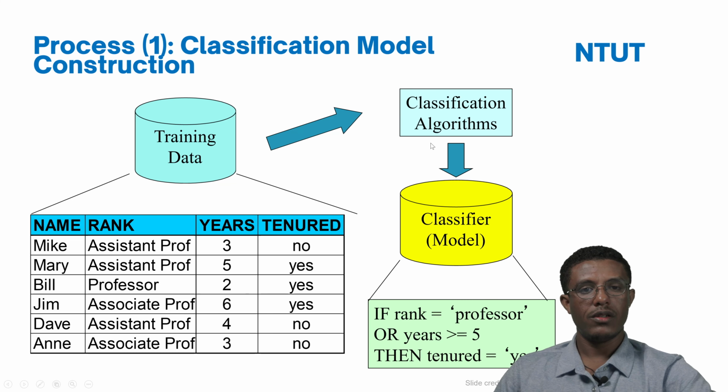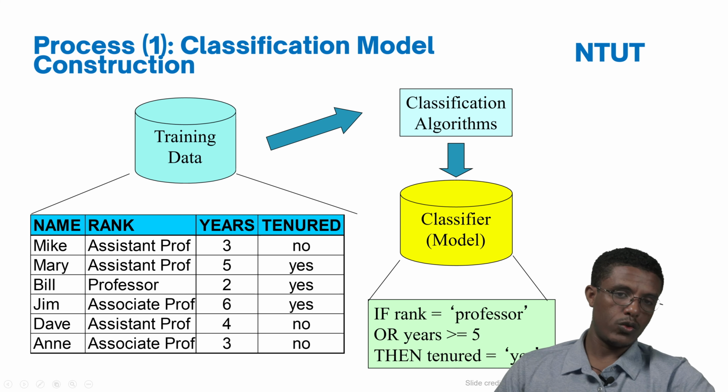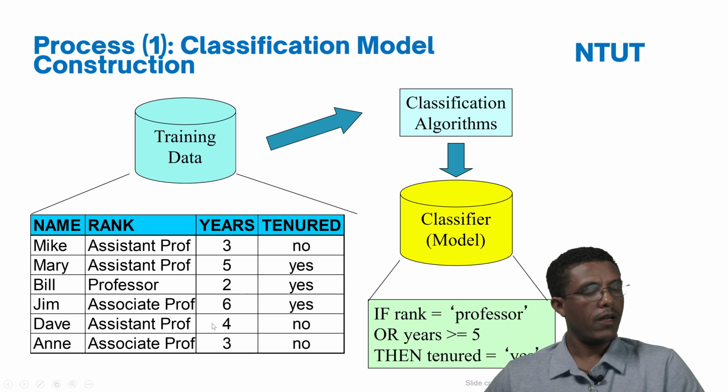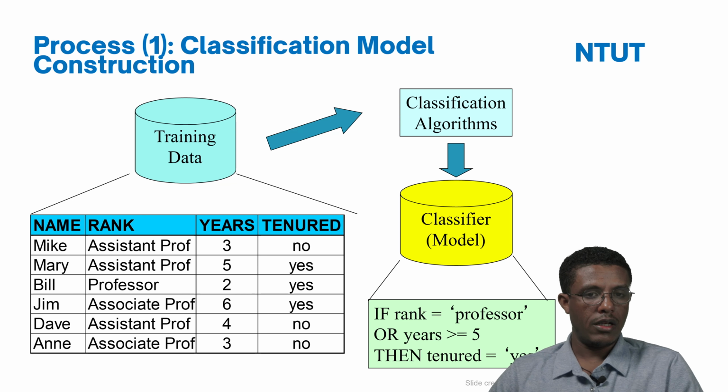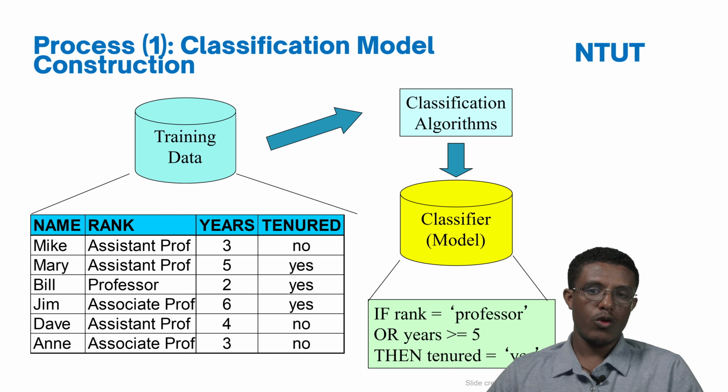From this, we have a classification algorithm and model. The model can be designed as a rule-based classifier: if the rank is professor, or if the years of experience is greater than or equal to 5, then tenured is yes. So the classifier is decided based on rules.